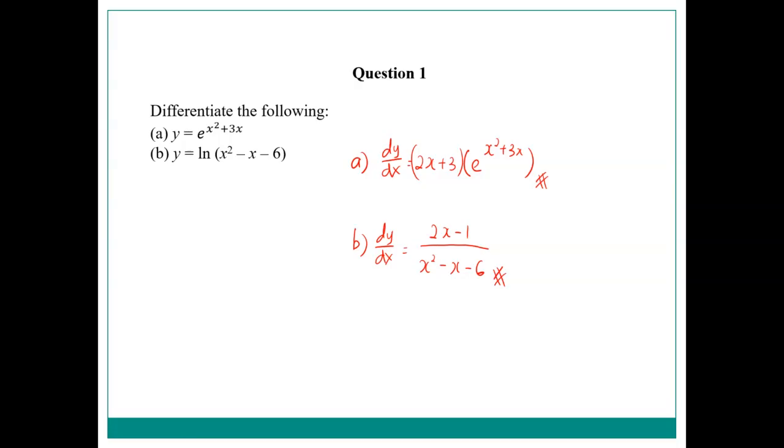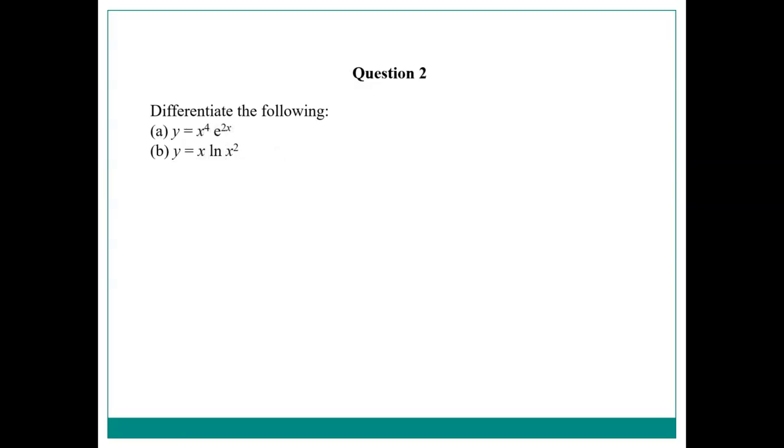If you do not have any question, let's proceed with a slightly challenging question. Question A, you have y equals x^4 e^(2x). This is not easy because I have a polynomial, x with power 4, multiplied with a natural exponential function.